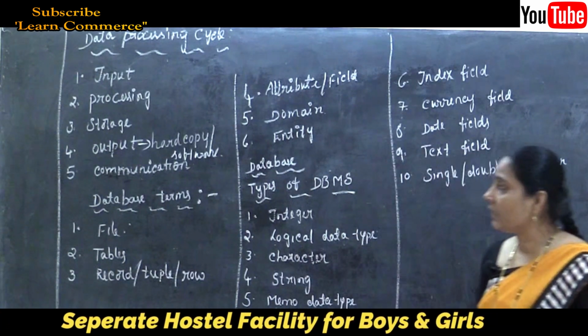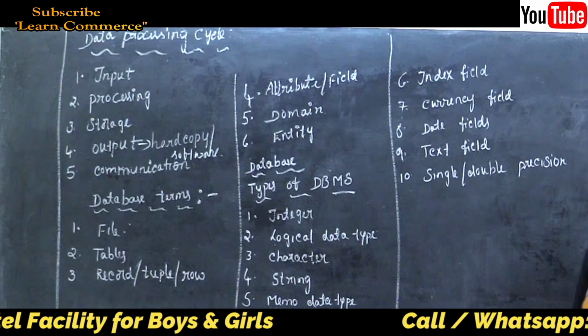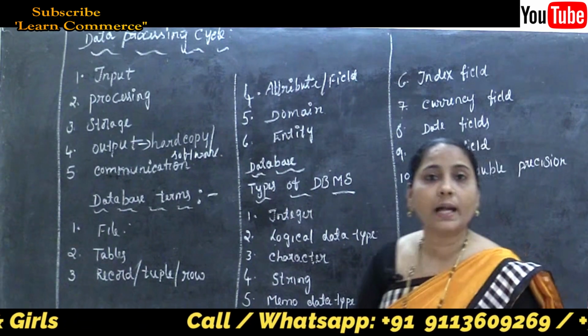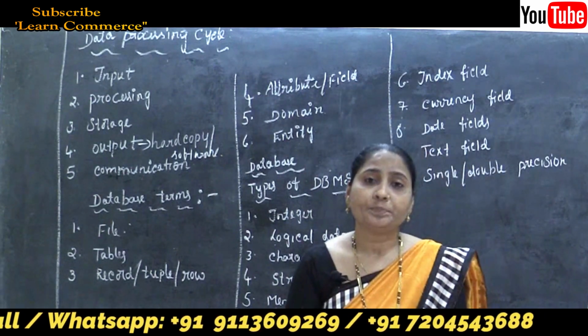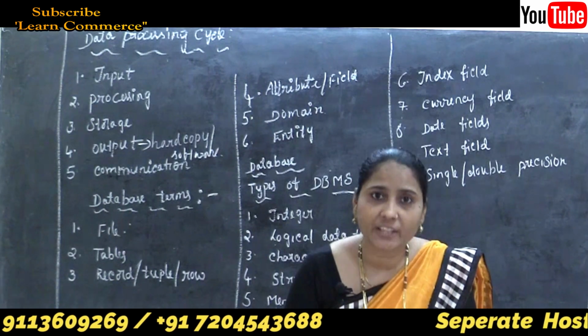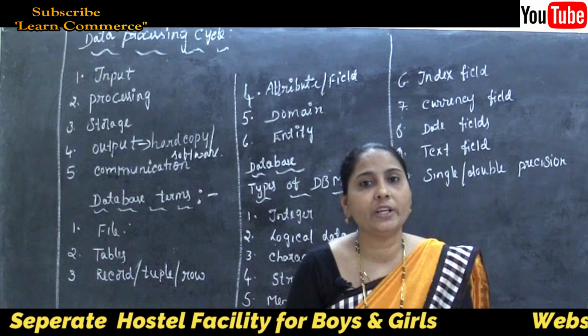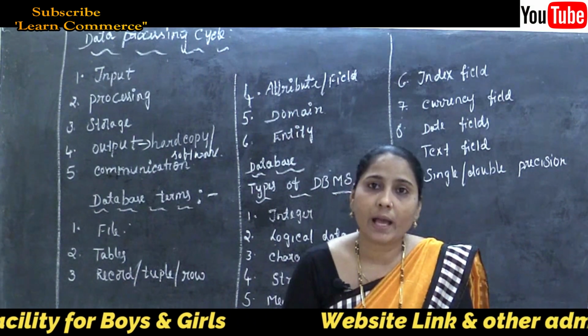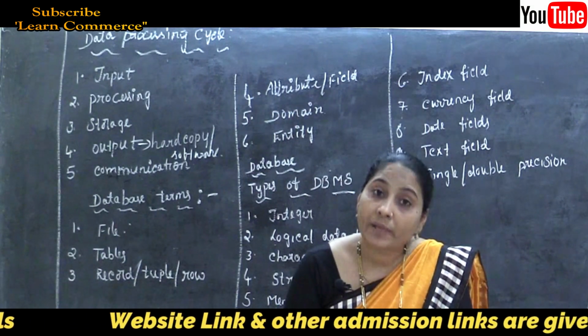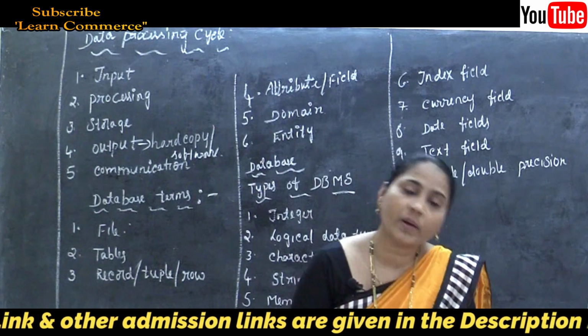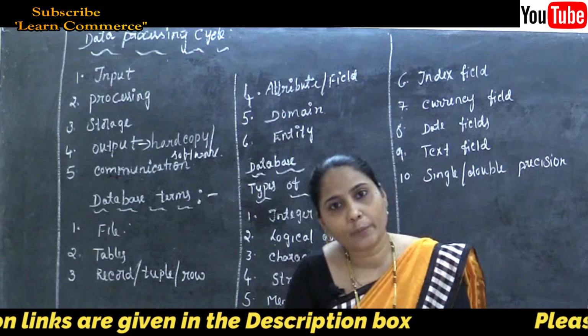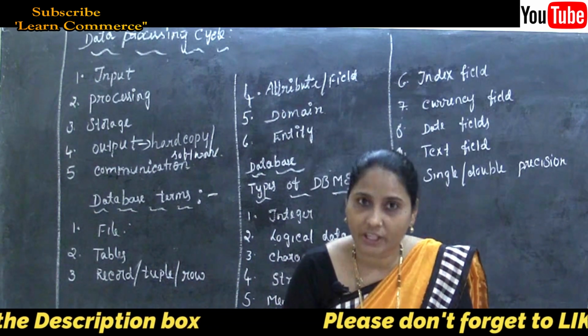And the last thing about our data processing cycle is the communication. Why? Because computers nowadays have communication ability. We can transfer data from one computer to another computer, and that is called communication.